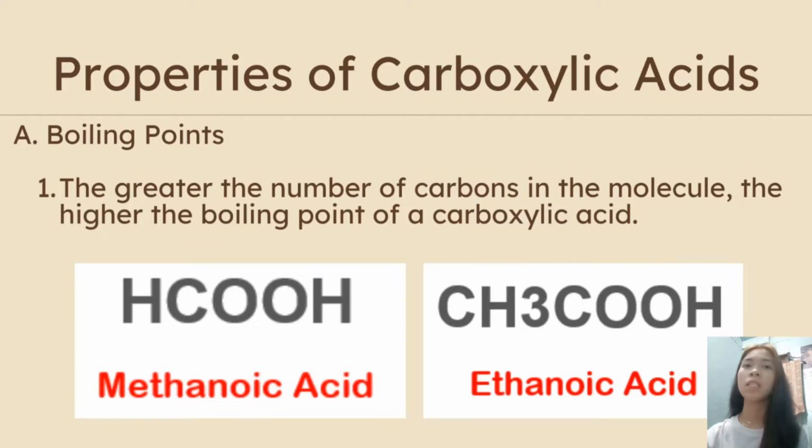Next is the properties of the carboxylic acids. Most of the properties of carboxylic acids are a result of the presence of the carboxyl group. The first property of carboxylic acid is its boiling point. The greater the number of carbons in the molecule, the higher the boiling point of a carboxylic acid.